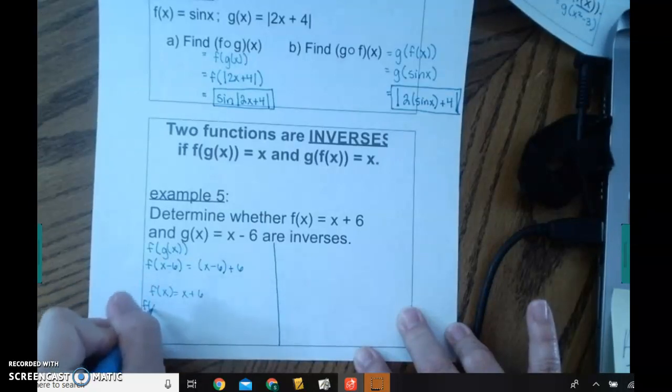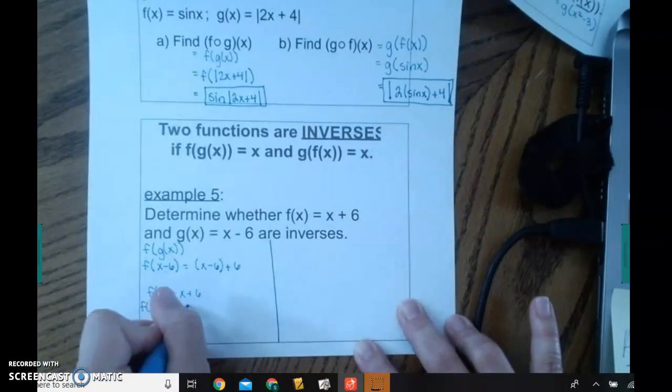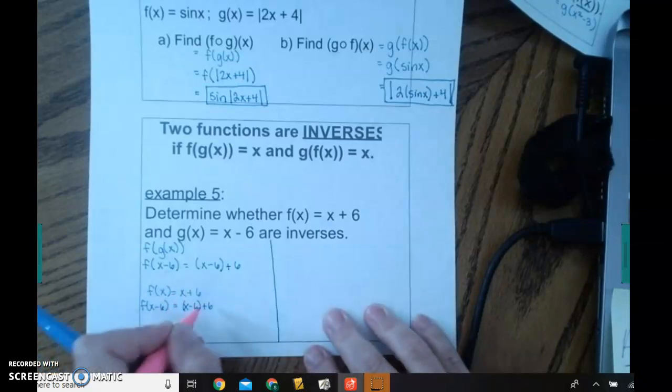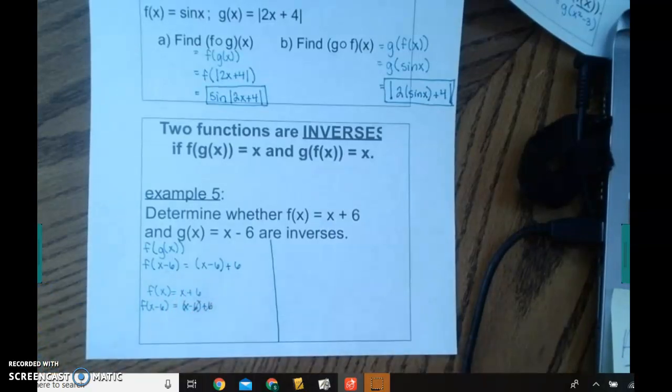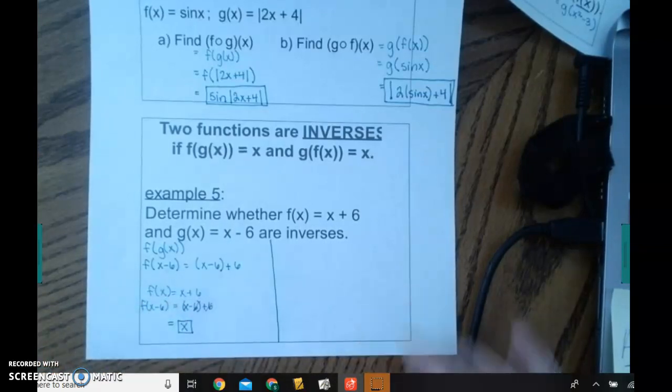If I'm going to find f of x minus 6, this replaced the x, so I've got to replace the x here. So we'll have x minus 6 plus 6. But when that happens, those two 6's, negative 6 and positive 6, are going to cancel out, and we're just left with plain x.